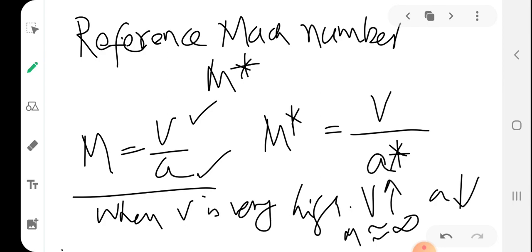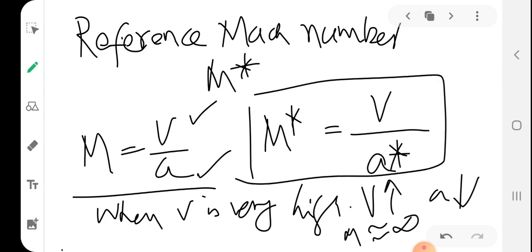So that is why I have introduced another term called reference Mach number, where M star is nothing but V by A star. So here students, even if the velocity increases to a very high value, A star remains constant, because A star is the speed of sound at the critical section.